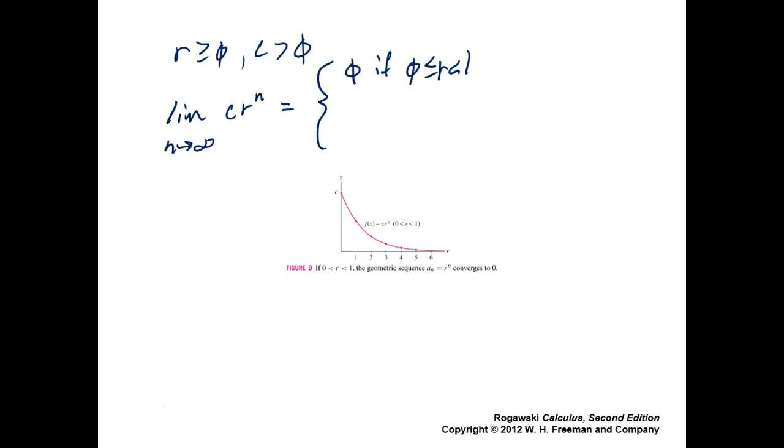Okay. Now, how about r anything between 0 and 1? Not 0 or not 1, but in between 0 and 1. Okay? And you're letting n go to infinity. Well, your c is greater than 0, so everything's positive. That's okay. But you've got an r that is basically a fraction. Less than 1, but greater than 0. Okay?